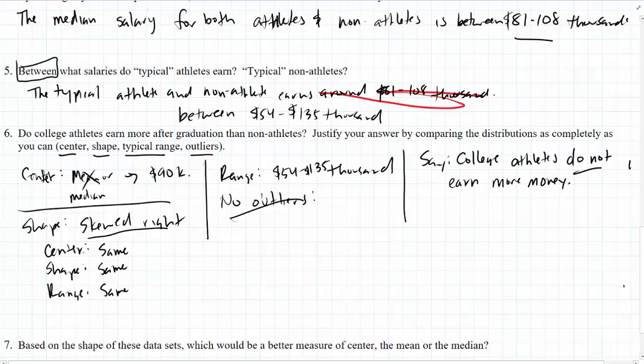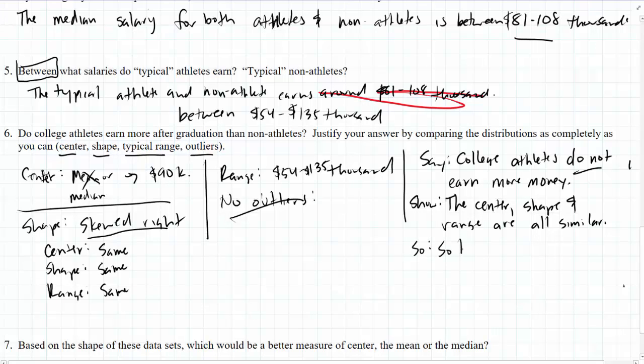We can't say that because it seems like everything's the same. We showed how we found the median, the shape, and the range, so I'm just going to abbreviate and say the center, shape, and range are all similar. I don't want to say they're exactly the same because they were not. The data was slightly different, but for the most part, it's similar.